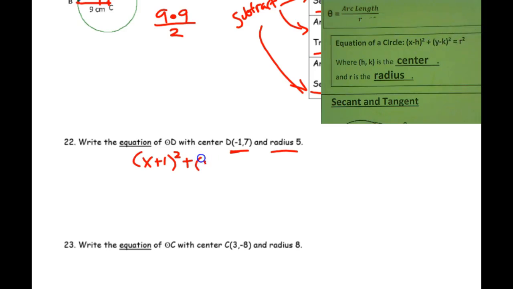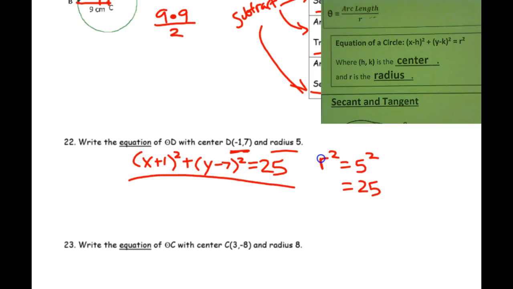Parentheses, y, and then my y value for the center is positive 7. Again, I'm going to write the opposite sign. So minus 7, parentheses squared, equals, and I'm supposed to do r squared, okay? R squared is 5 squared, which is 25. So over here I'm going to put 25. That is my answer.